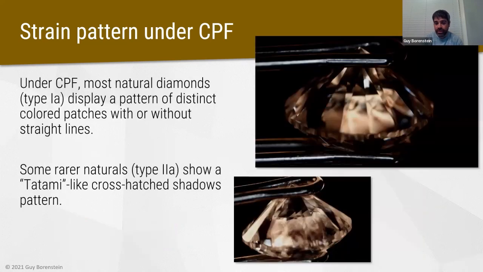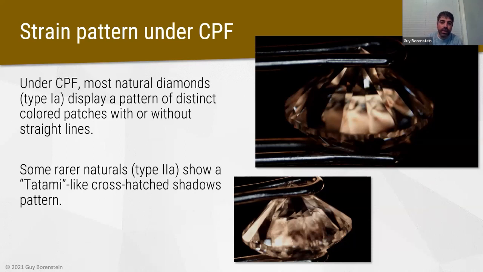When we're looking at a natural diamond, what we will see is a mess. We will see a lot of shadows inside the stone. They will be very colored, resembling the oil pattern that you can get. And they will be surrounding many areas inside the stone.